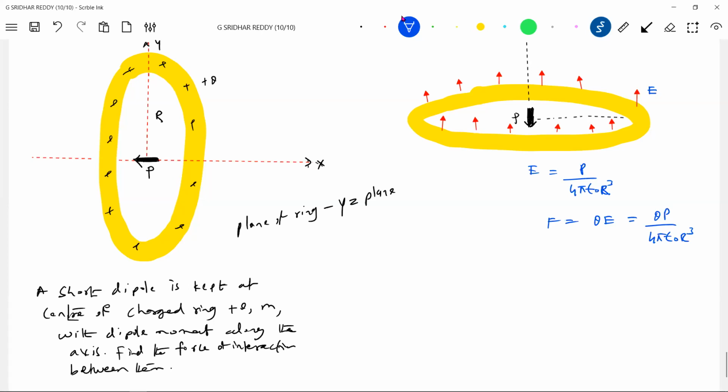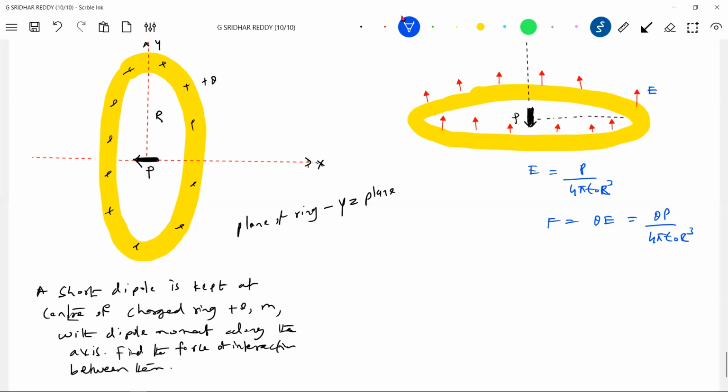Sir, if the given dipole is also along the YZ plane, then how to calculate the force of interaction, sir? If it is in the YZ plane, I think now the E bar will not be everywhere parallel to that one.